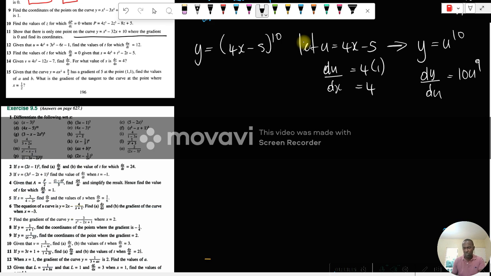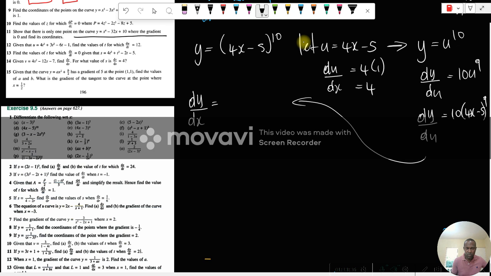And so, we can actually go ahead and make the substitution right here. So we can go back and say that dy by du would actually be equal to 10 times 4x minus 5 to the power of 9. We can do it from here. And so now we can use the chain rule and say that dy by dx is equal to dy by du times du by dx.